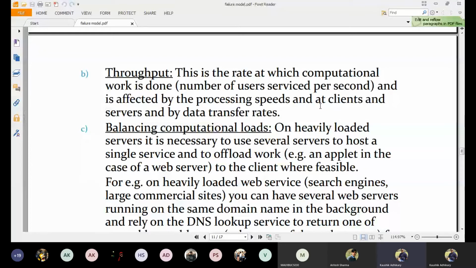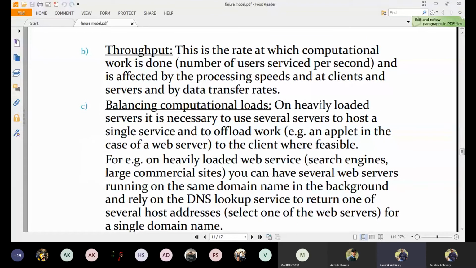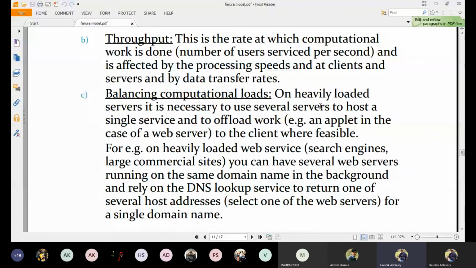Next is balancing computational loads. On a heavily loaded server, it is necessary to use several servers to host a single service and to offload work, for example an applet in the case of a web server, to the client where feasible. Means what?